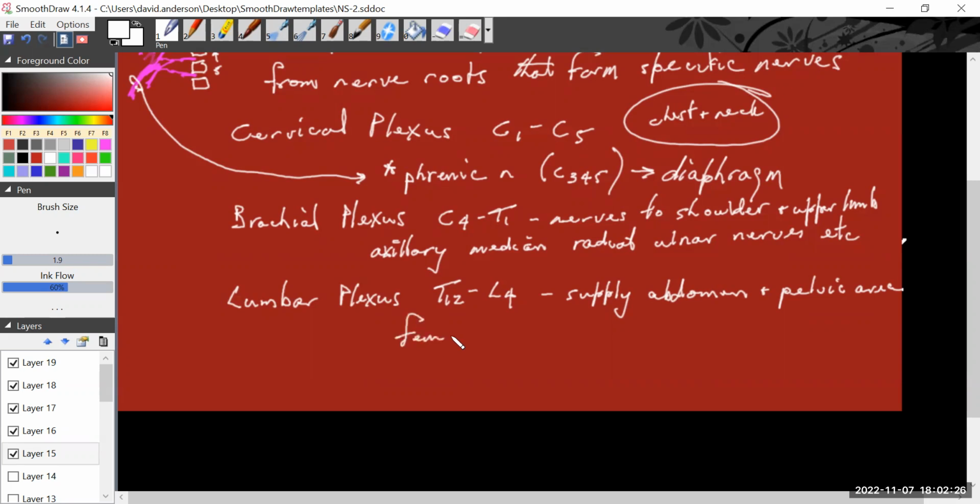And probably a big nerve to be aware of here is the femoral nerve, which is made from the nerve roots of L2, 3, and 4, is a major nerve to the anterior thigh, to the quadriceps. So that's a major nerve that's formed from the lumbar plexus.